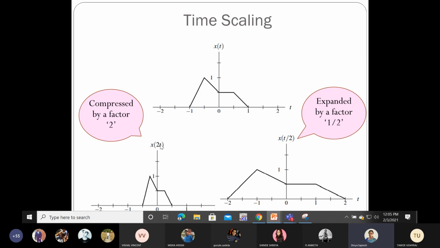Even though it is written 2 times t, the compression of the signal is actually happening here. So to get the position on the x-axis, you have to divide the time by 2. Whereas here, if it is multiplied by a factor of 1 upon a, then the signal is expanded. So you have to multiply the time with a.